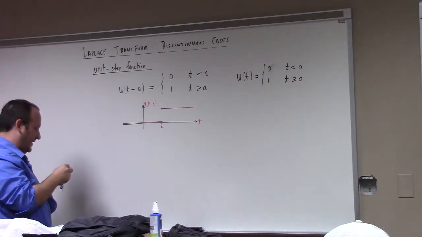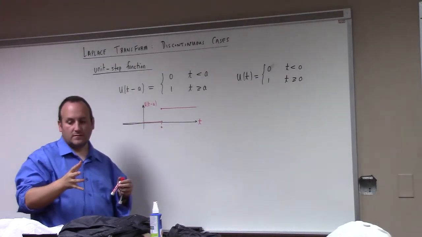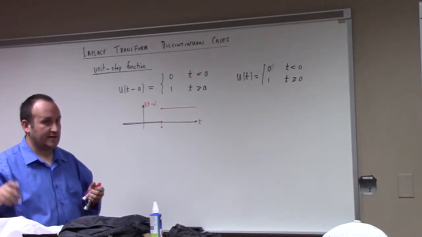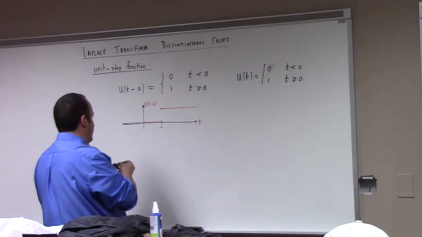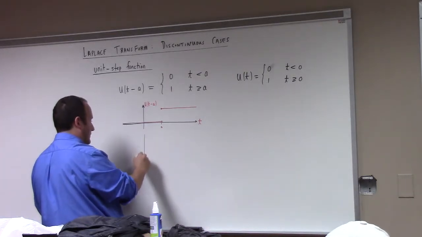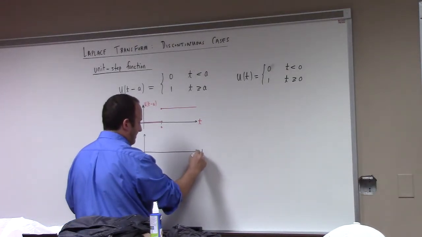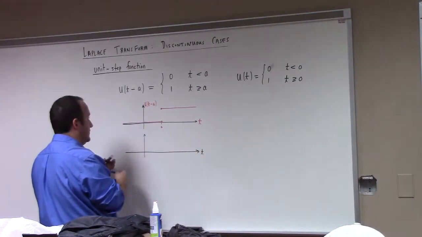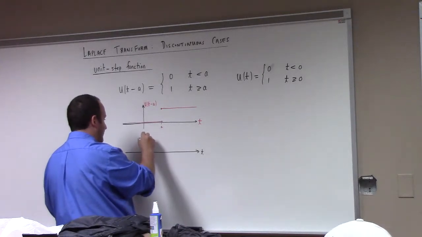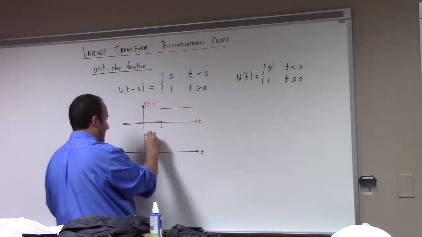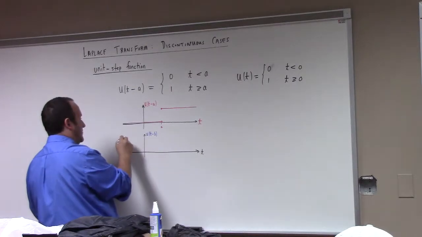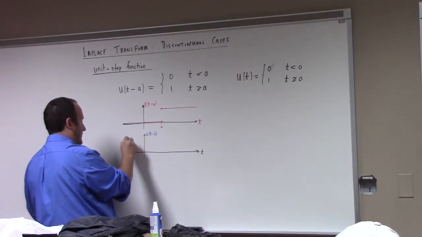Now, what if I had b larger than a, right? And I looked at a graph of u(t minus b). And let's assume that a is less than b, all right?